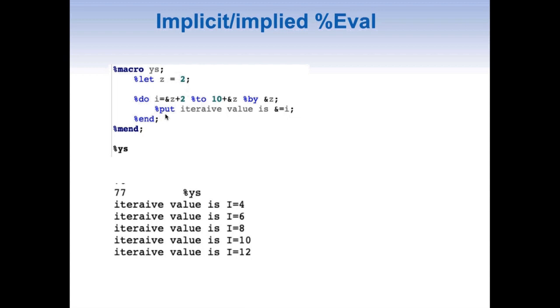We are also putting the value of this macro variable i after every iteration, and then this loop ends when it reaches the endpoint.